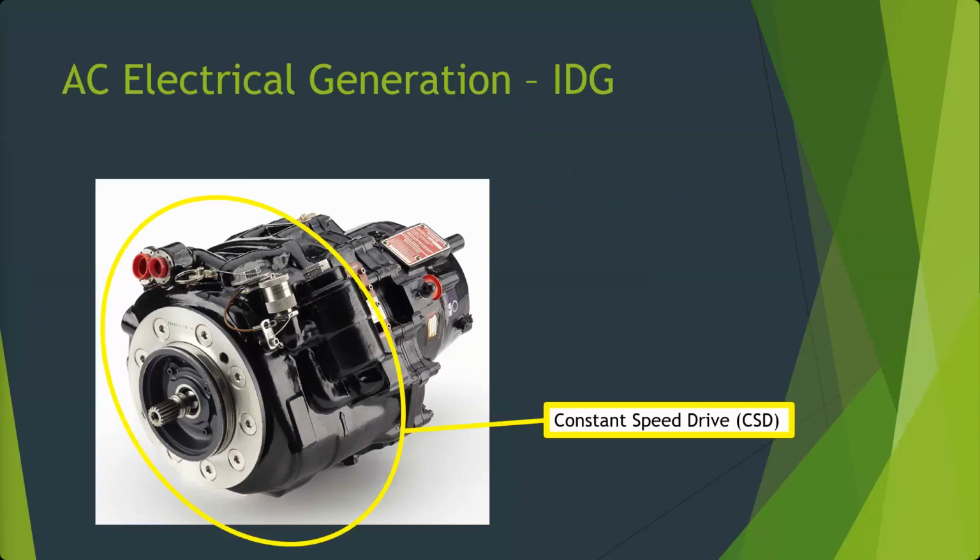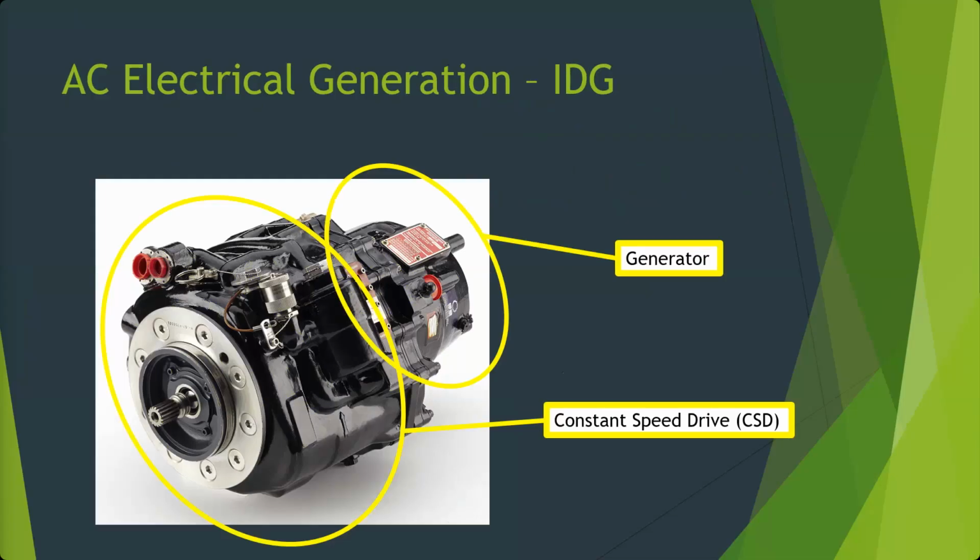So our constant speed drive is this part here with the input shaft. And inside of here is eventually an output shaft or an output connection to the generator, which is this back half of it, the right-hand part in the picture. So this configuration is probably the more typical configuration where you have the constant speed drive and the generator piggybacked on one another.